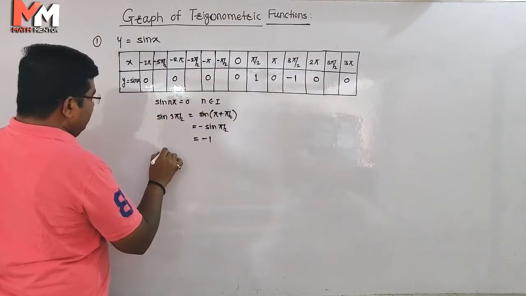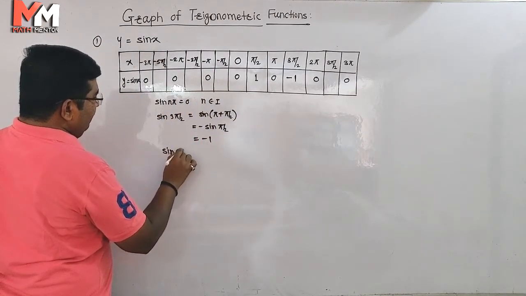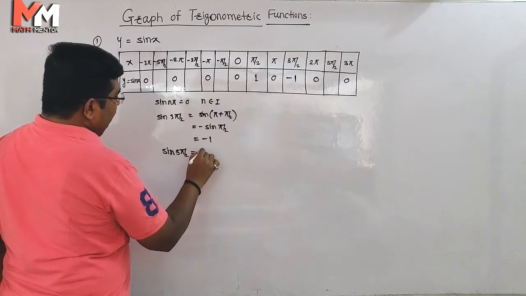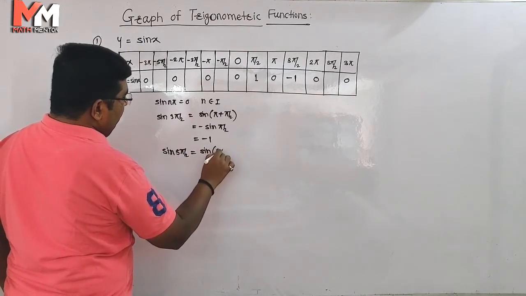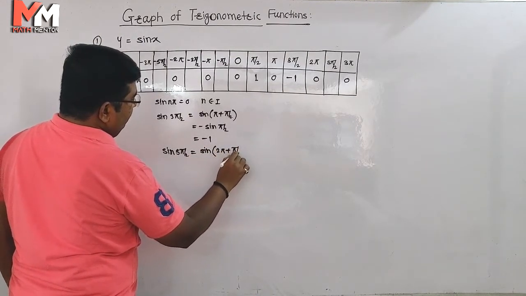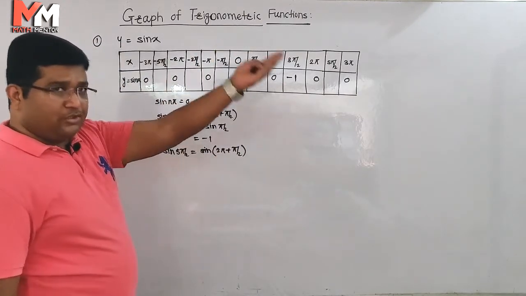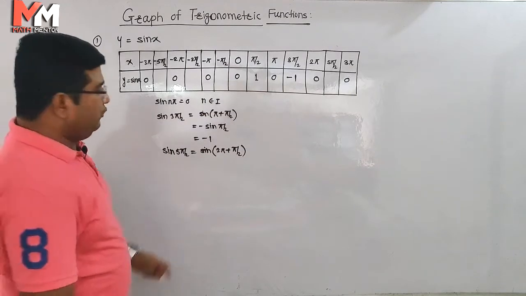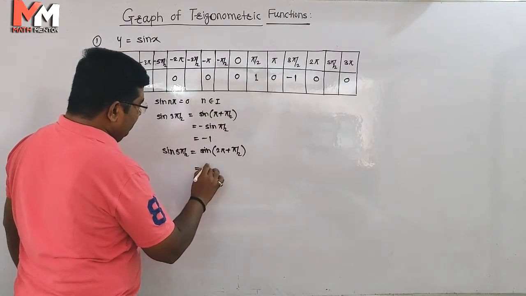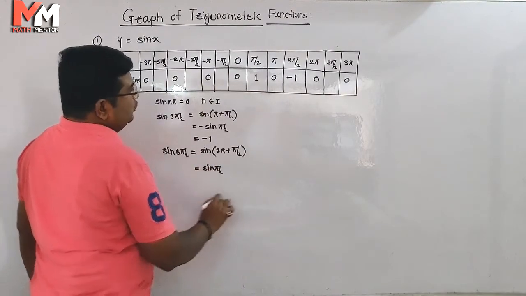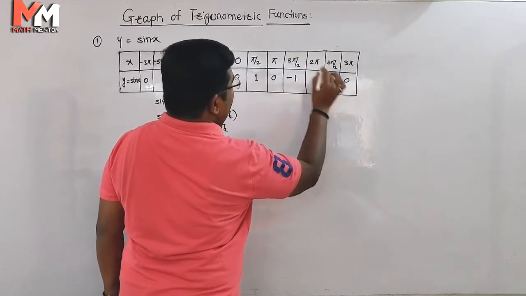Now we have to find sin 5 pi by 2. We write it as sin of 2 pi plus pi by 2. In 2 pi plus, the first quadrant, sign is positive, so it is sin pi by 2. So sin 5 pi by 2 is 1.